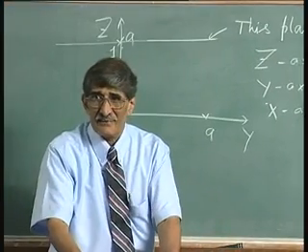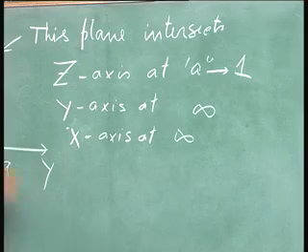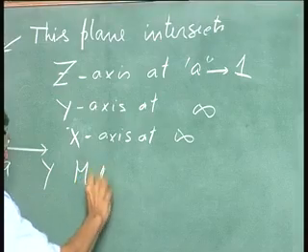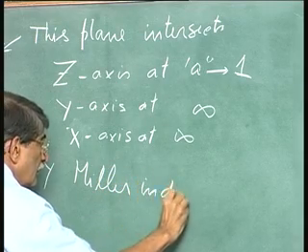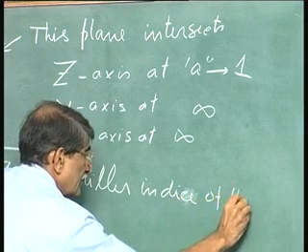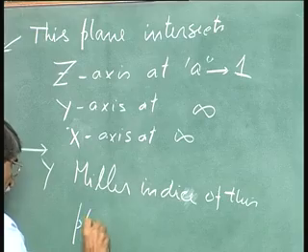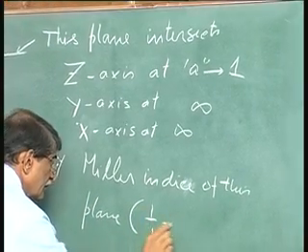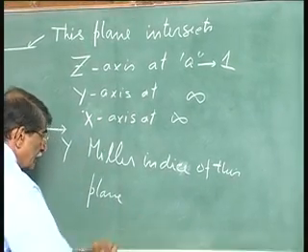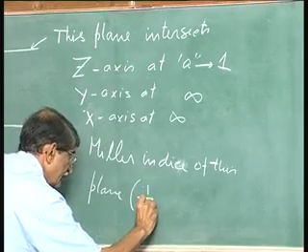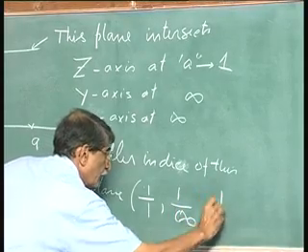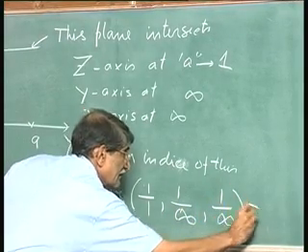Now, the Miller indices, that is, you refer to that plane by what is known as the Miller indices. So, Miller indices of this plane is 1 by 1, 1 by infinity, 1 divided by infinity.